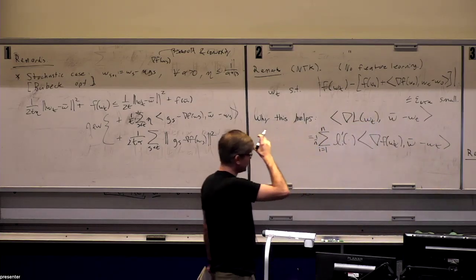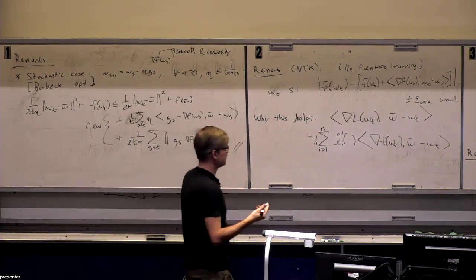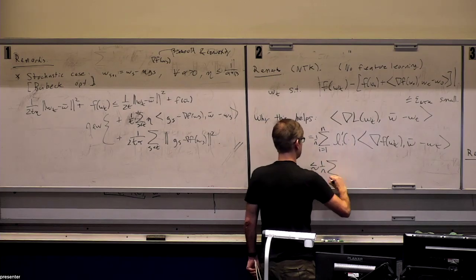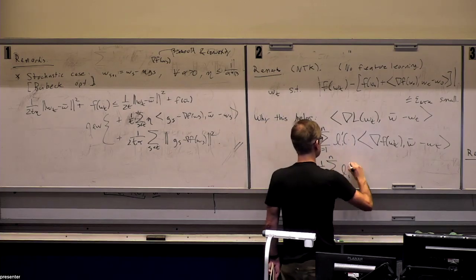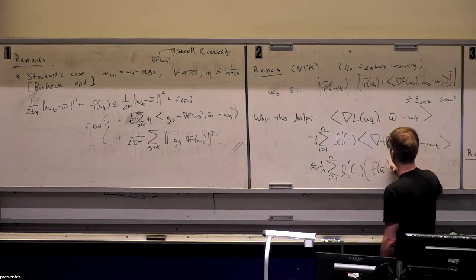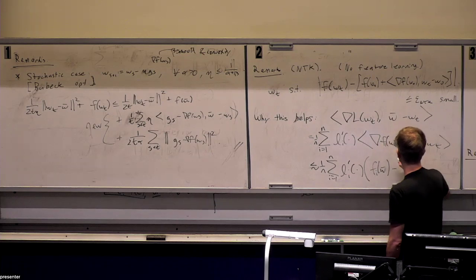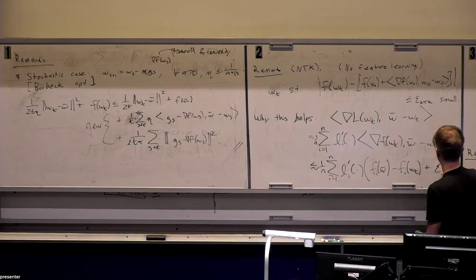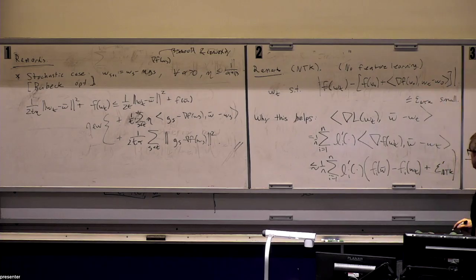What the NTK philosophy lets you do is swap in the function values here. Because of that Taylor error, what you can do inside of proofs is swap in f_i, which is the prediction on example i, with something related to this Taylor error, and you can control this term.